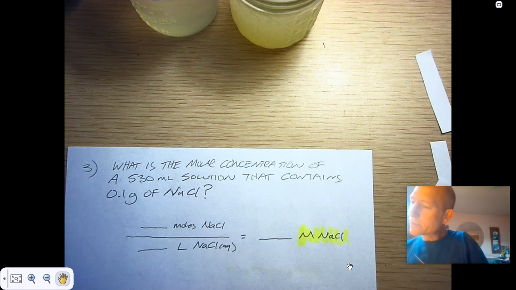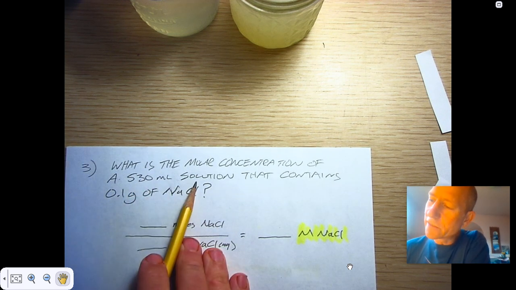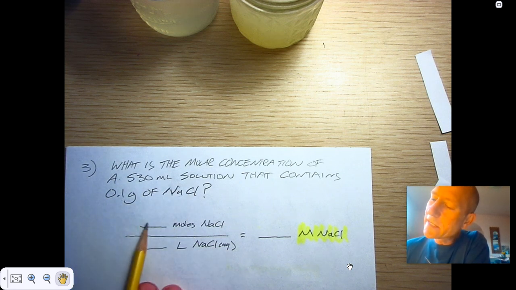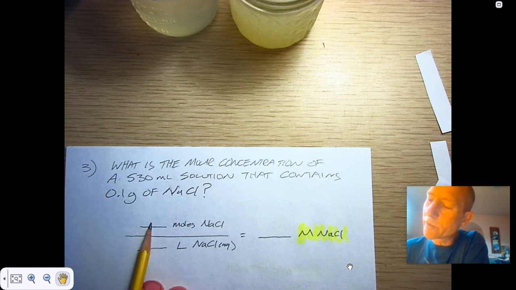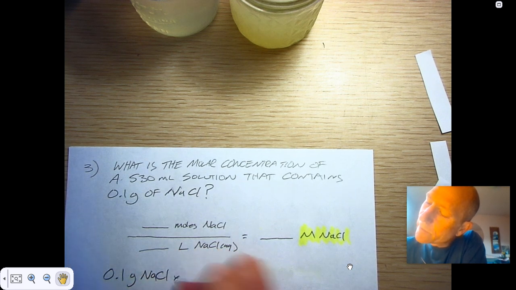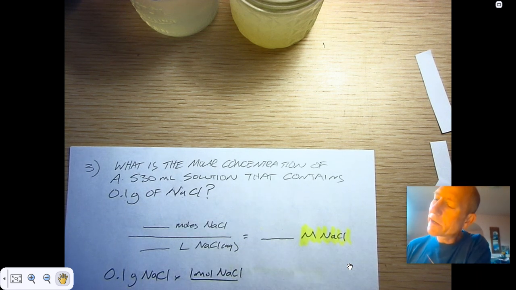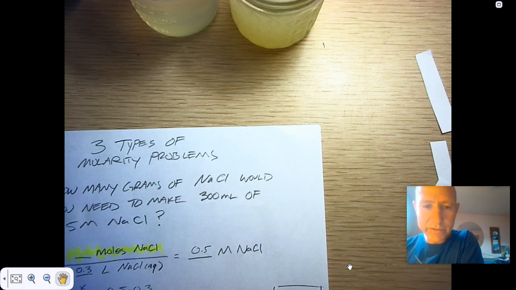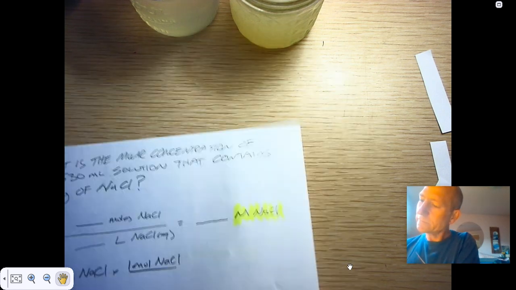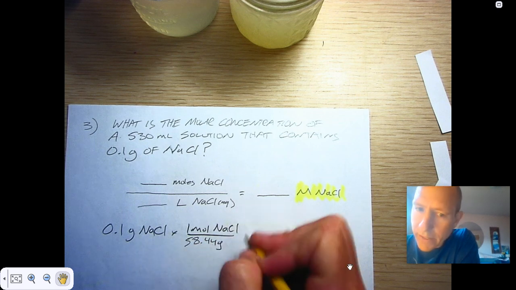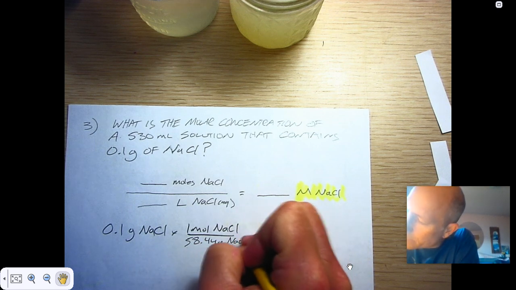So what's the molar concentration of 530 mils of solution that contains 1/10 of a gram of sodium chloride? So once again, we're going to need to turn that 1/10 of a gram into moles. So 1/10 of a gram of sodium chloride times 1 mole of sodium chloride per, how many grams in a mole of sodium chloride again? Oh yeah, 58.44 grams of sodium chloride.